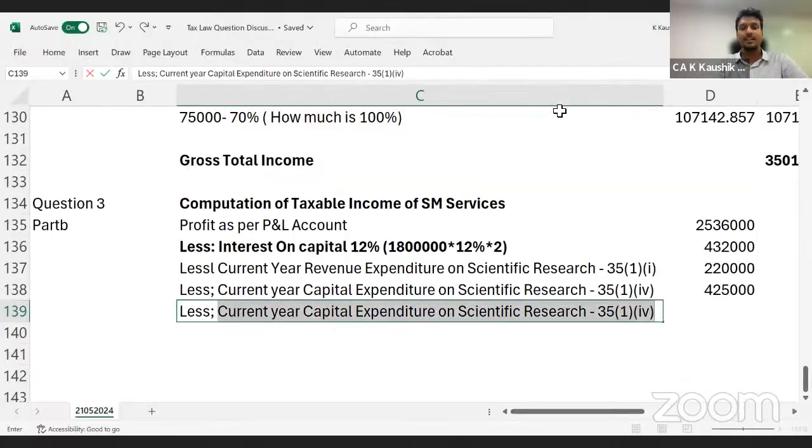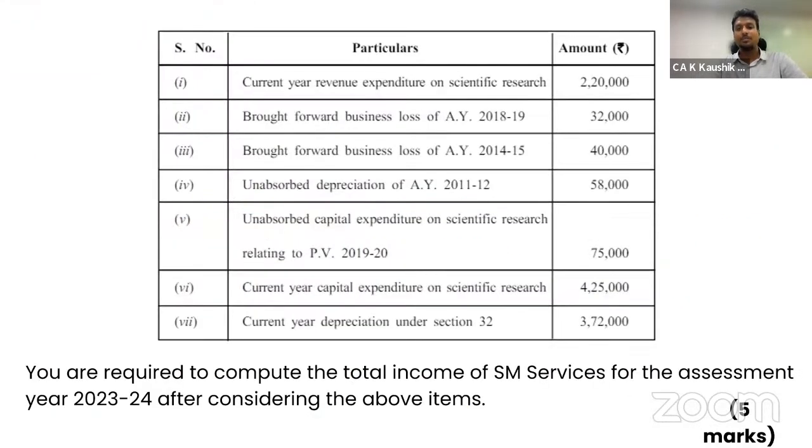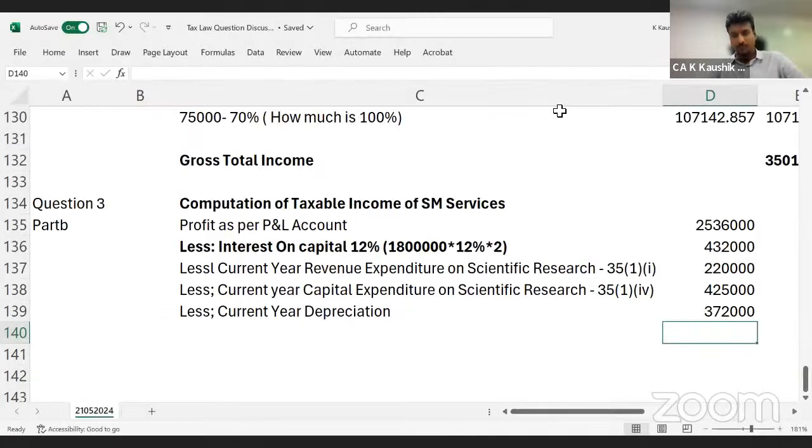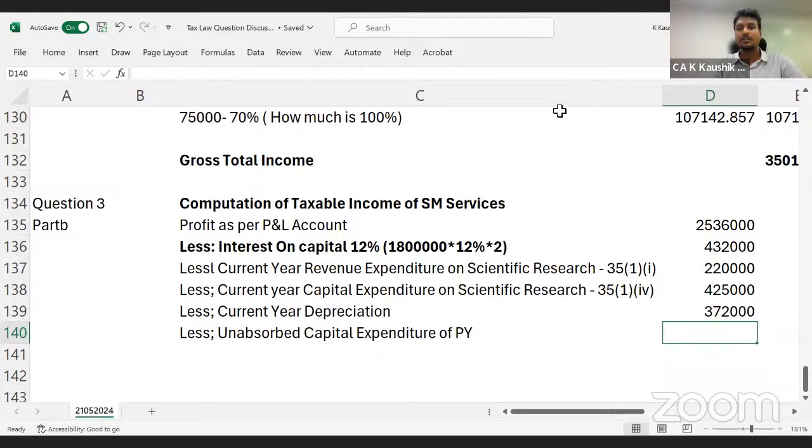So less current year depreciation. So that is 3,72,000. And then you have unabsorbed capital expenditure of previous year. Okay, unabsorbed capital expenditure of previous year, that is 75,000.